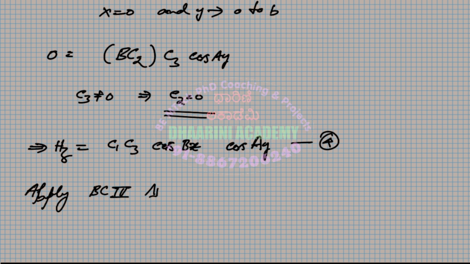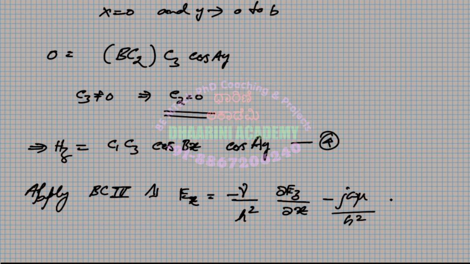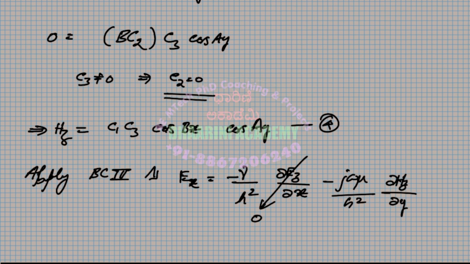The equation which I'm going to consider now is Ex. Ex is equal to minus gamma divided by h square dou Ez divided by dou x minus j omega into mu divided by h square times dou hz by dou y. Is it okay? In this, I know that the first part is 0, so I don't have to consider it.